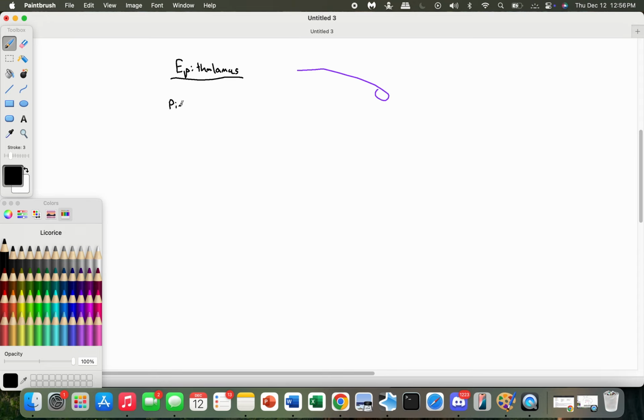One, it has the pineal gland, and the second thing it has is called the habenular gland. Okay, so let's start with the habenular gland.